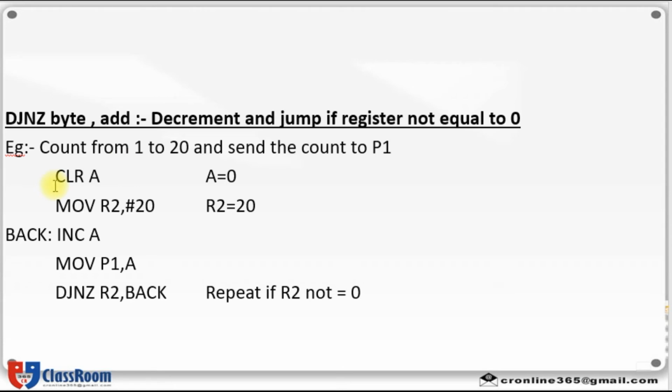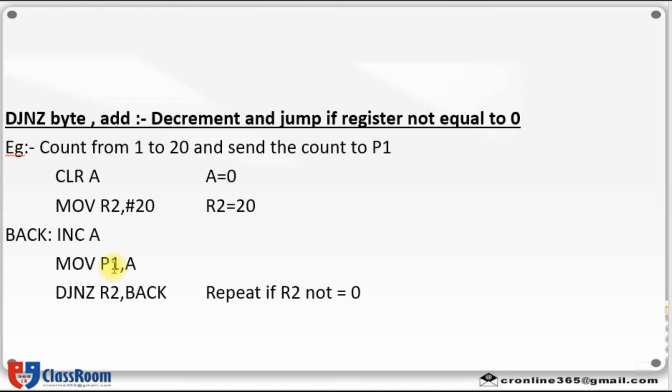Then only you can send 1 to 20 to port 1. So by using the instruction INC A, increment accumulator contents by 1. Then that content is transferred to port 1 by using the instruction MOV P1, A.